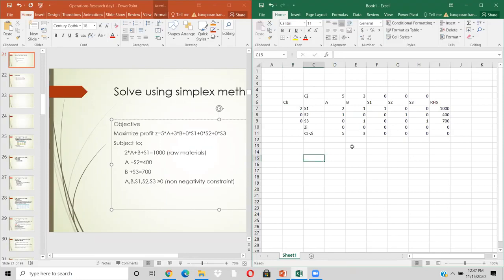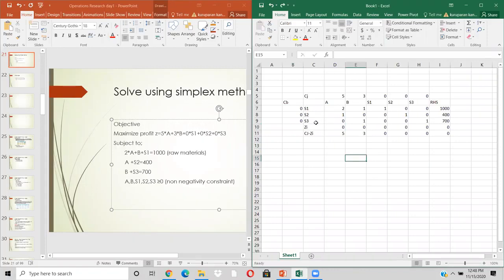What will be the value here? 2 into 1 is 2, plus 0 into 0 is 0, 0 into 1 is 0. So this will be 0 like that. Okay.